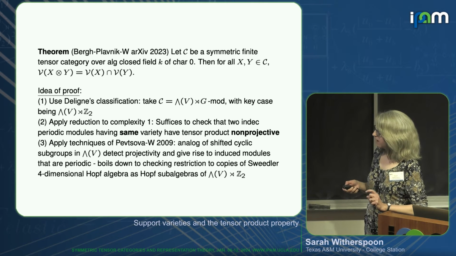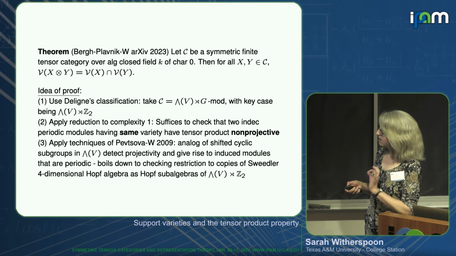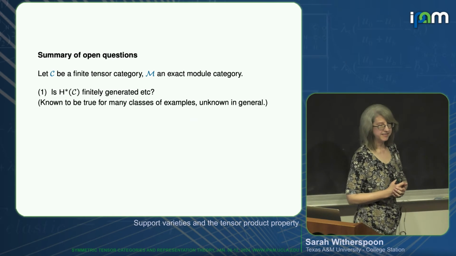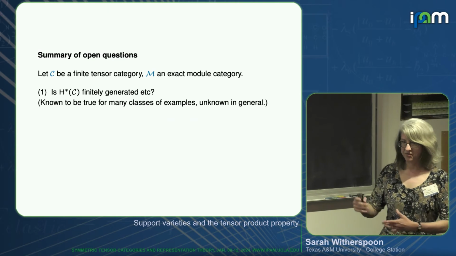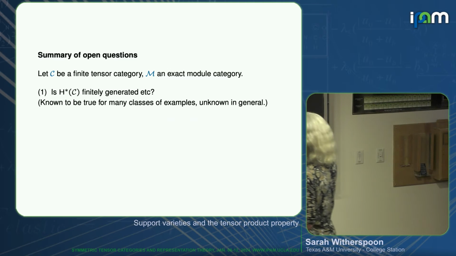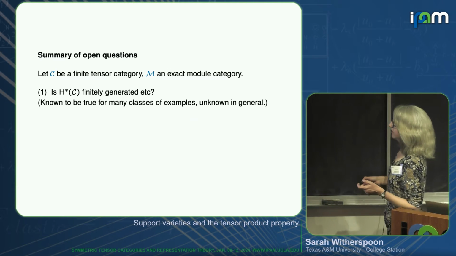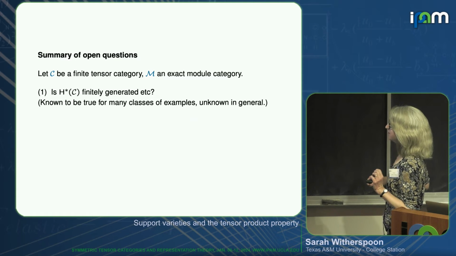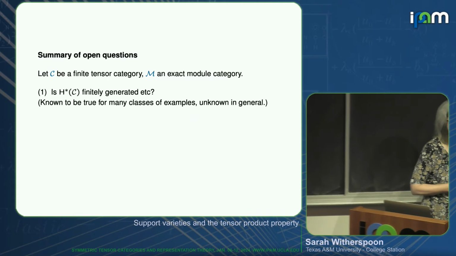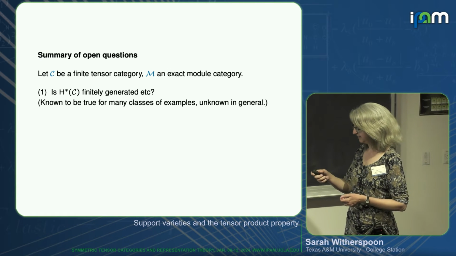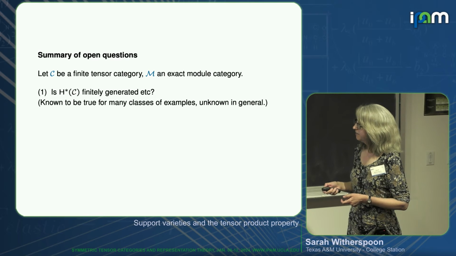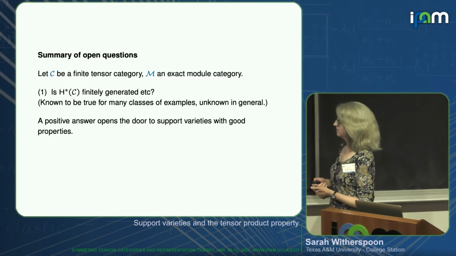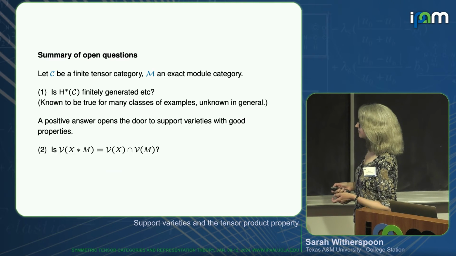In the rest of my talk, I wanted to back up a little bit and summarize again what some of the open questions are, and then I'll go on and look at the negative answers that I mentioned some time ago. So again, is the cohomology of a finite tensor category finitely generated? This question came up in earlier talks, and it would be really nice to have more information, because a positive answer does give some good support varieties.